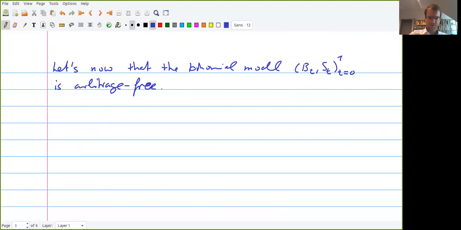Okay. And let's assume this, and let's come to our second goal for today. Namely, how can we now price and hedge an option in this market?